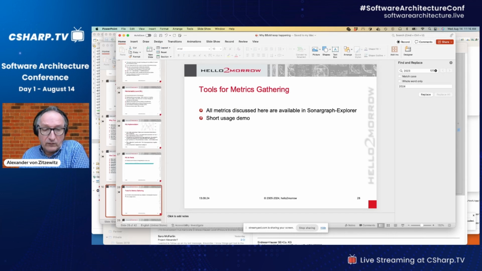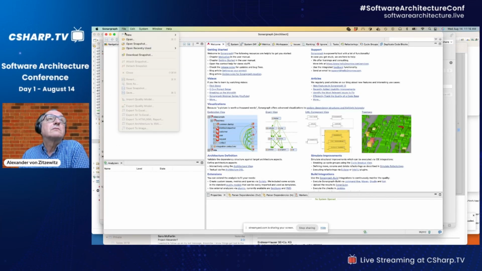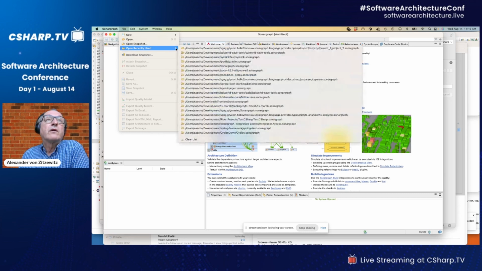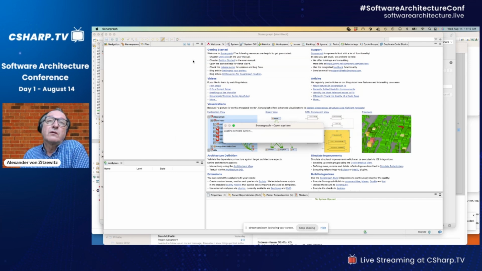Okay, so this is Sonargraph here. Let's open a system here. And I'm going to go to an open source system called Gradle. Many of you are probably familiar with Gradle.